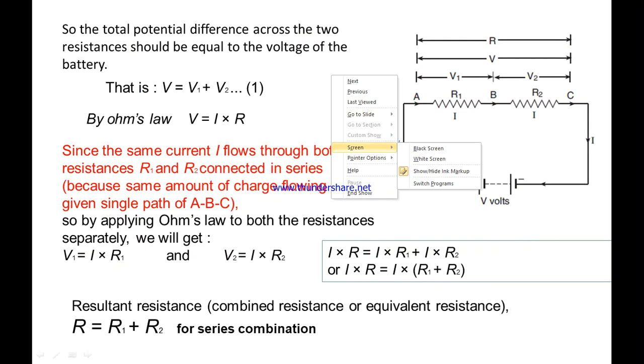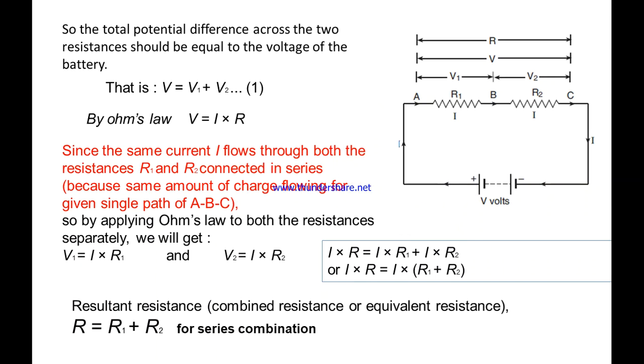Let's see the points once again from this series connection. This is the battery of V volt, and this is R1 and R2 connected in series. For R1 we have a potential difference of V1, and for R2 we have a potential difference of V2.